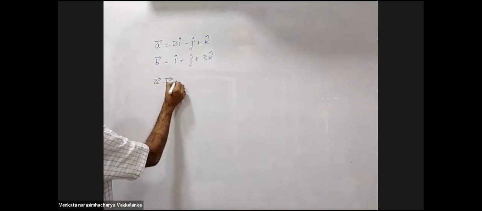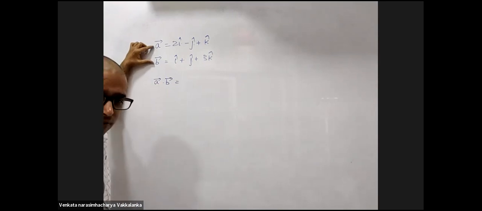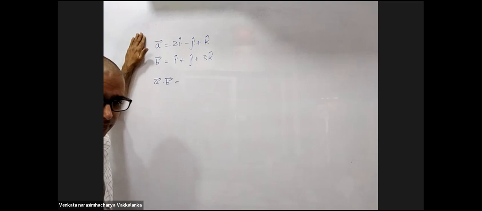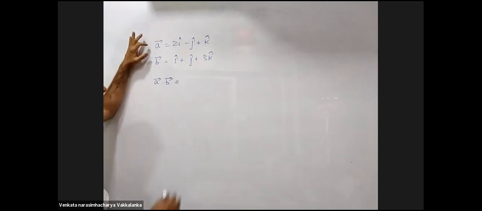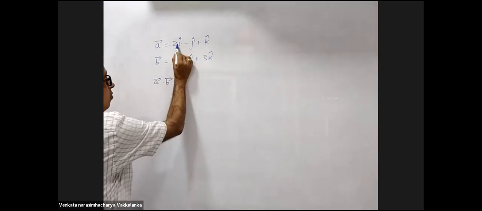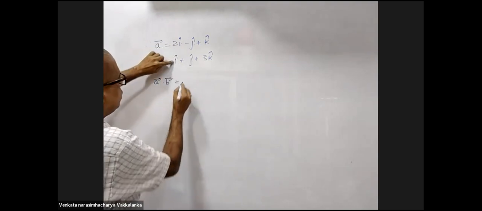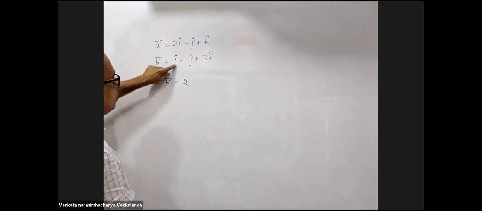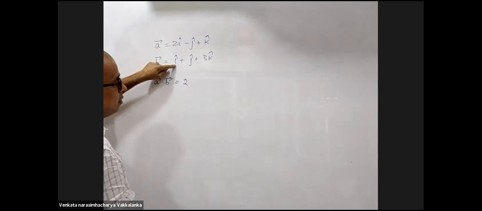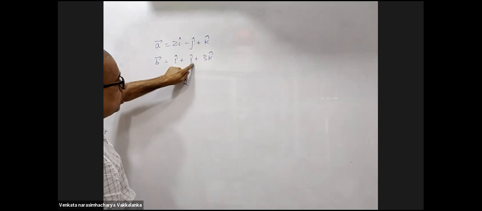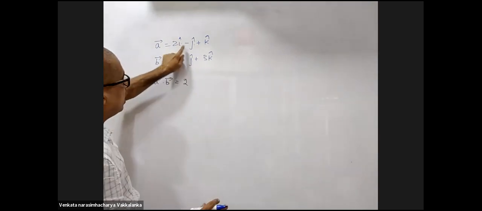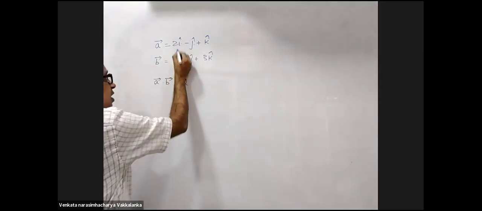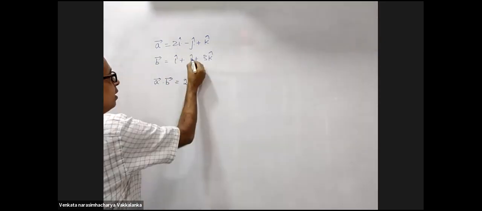A dot B. This is one way of representing a vector, in the Cartesian coordinate system, a position vector. 2 into 1 is 2. I cap dot I cap is 1. I cap dot J cap is 0. I cap dot K cap is 0. So all I will do is multiply the coefficients of I.